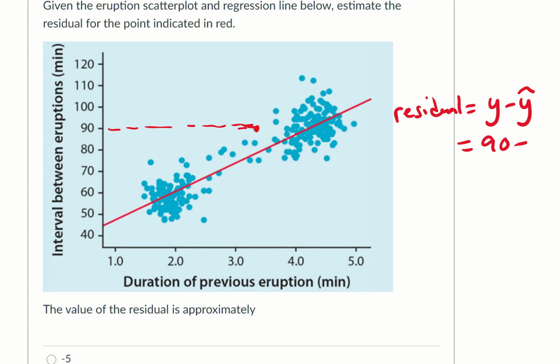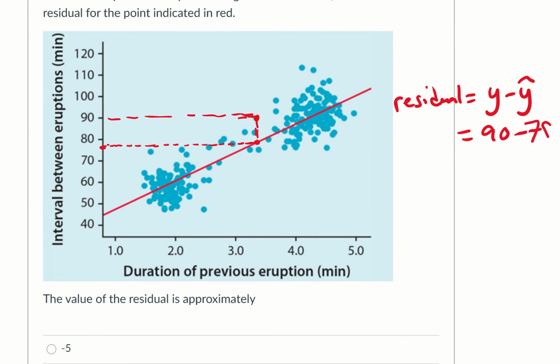That's the actual. And then the predicted y value, the y hat, is actually on the line itself. So you go down to the line, right there, and then you kind of guesstimate where you think it's at. So it kind of looks like it's around the 78 mark. It's not quite 80, but it's almost there. So we'll guess about 78.